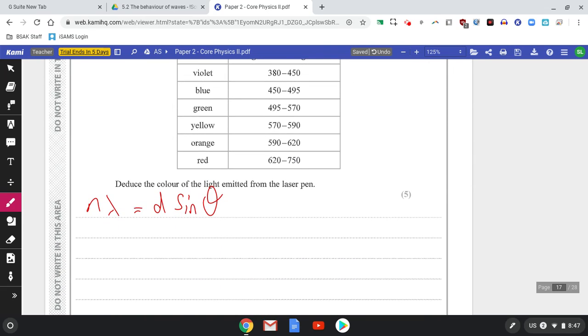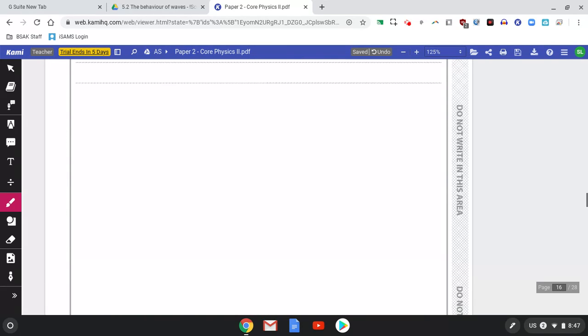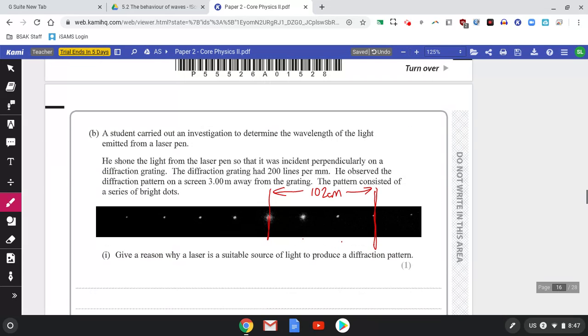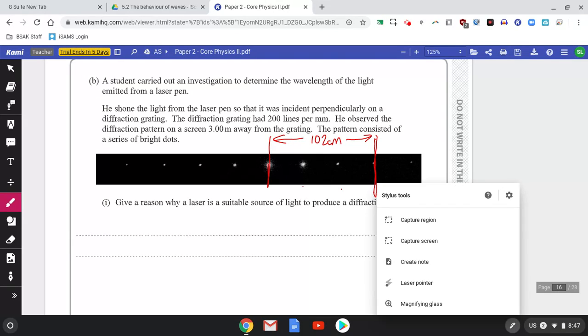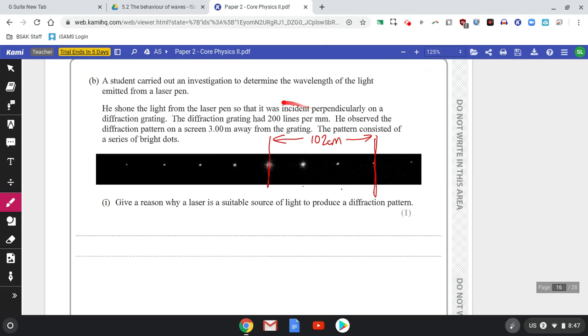Lambda's the wavelength we're trying to find. What's d? You can remember what d is. Well, d is the distance between adjacent lines on the diffraction grating. Now, we're not given d, we're given the lines per millimetre. That's how diffraction gratings are basically measured.